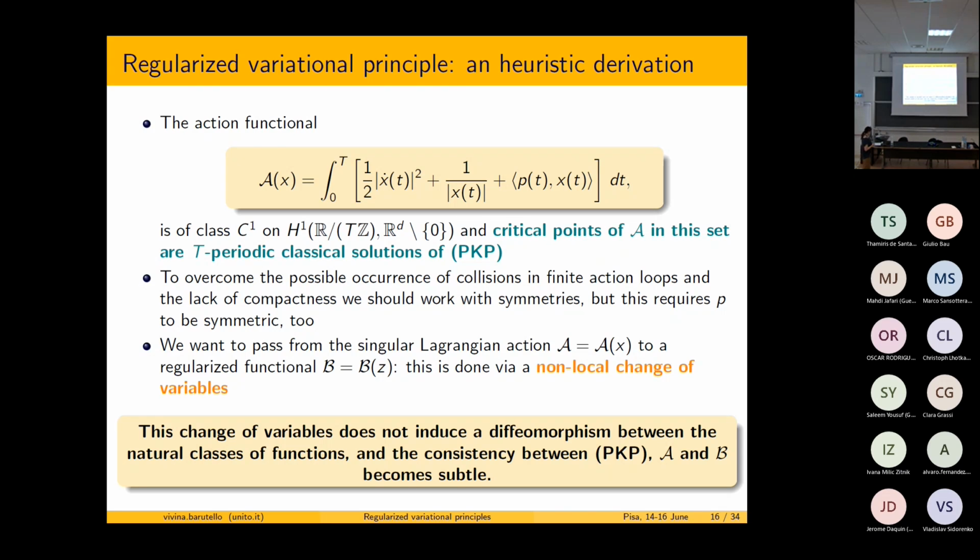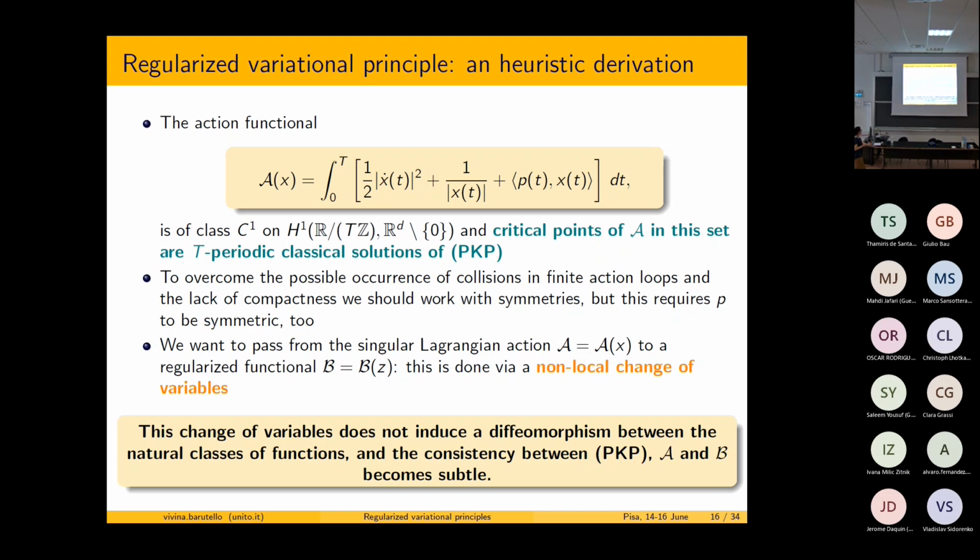As I have already mentioned at the beginning, to overcome the possible occurrence of collisions in finite action loops, because it can happen that a collision occurs with a finite action, you can put some symmetries on the loop space.